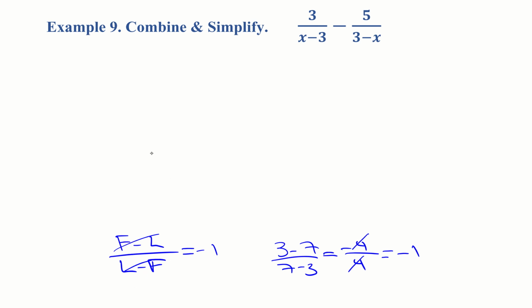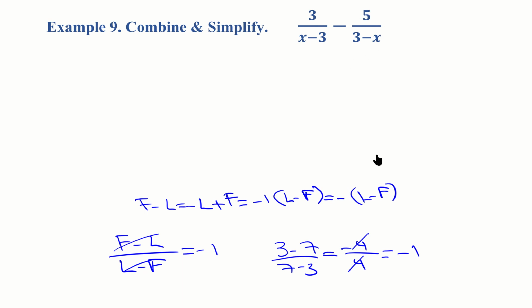If you remember, we said f minus L can be written as negative L plus f, and then we can factor out a negative 1 to leave us L minus f. In other words, you can just write minus L minus f. So in other words, f minus L is the opposite of L minus f, right? So if I were to take one of these two fractions and multiply the denominator by negative 1, I should be able to get the other fraction.